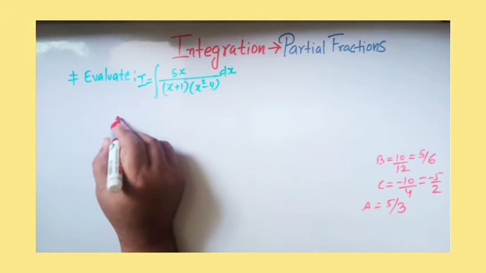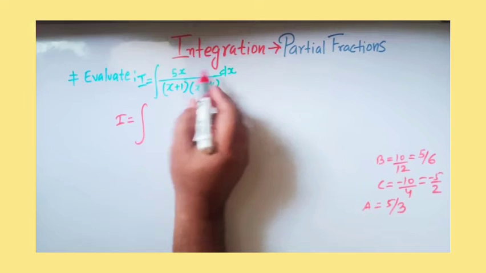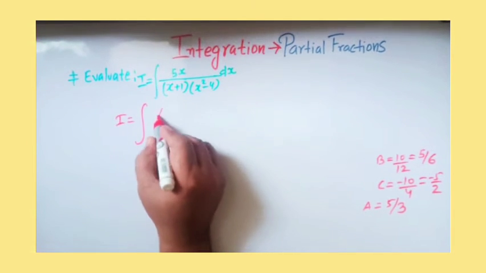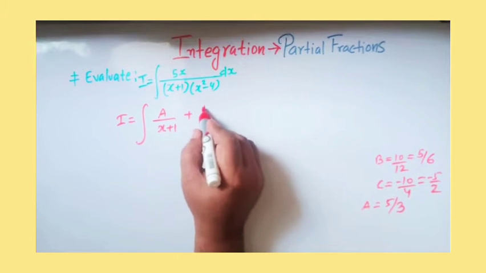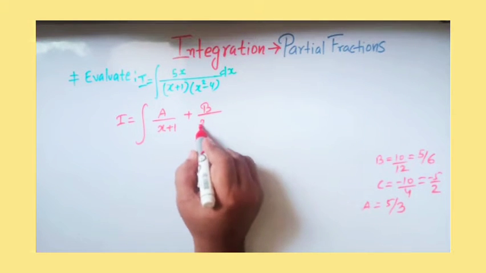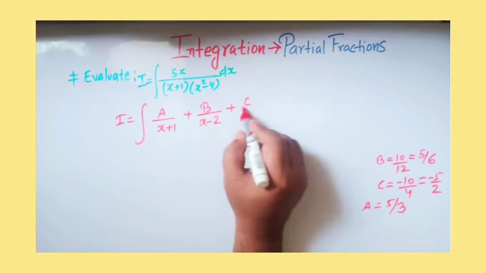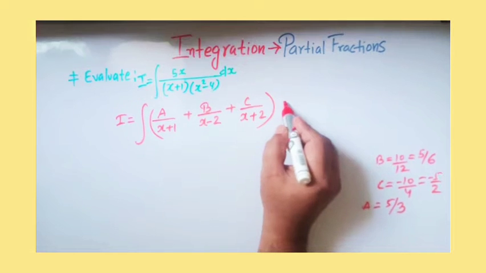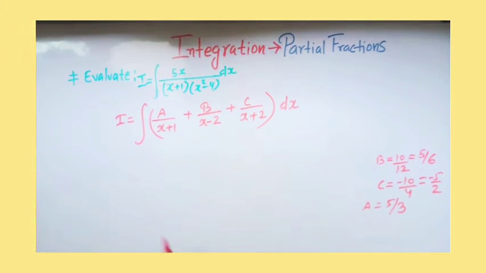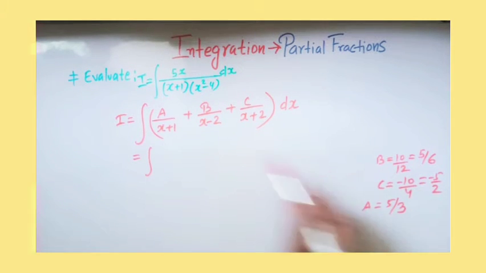Therefore now I can be written as the integral of a over x plus 1, then b over x minus 2, and then c over x plus 2, right? Now we will substitute the values of a, b and c here.